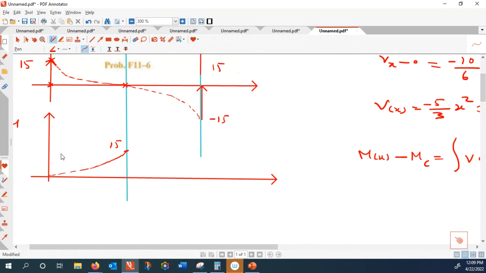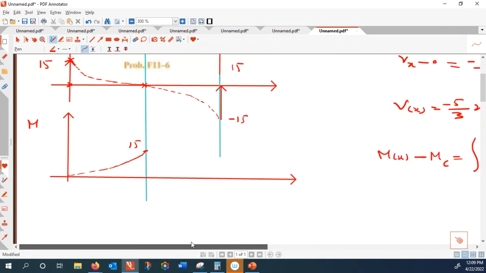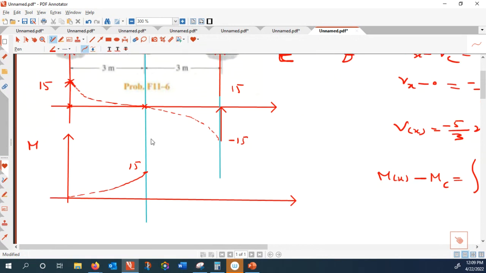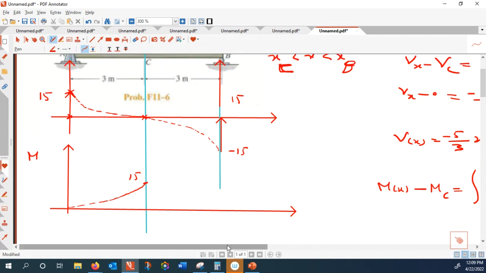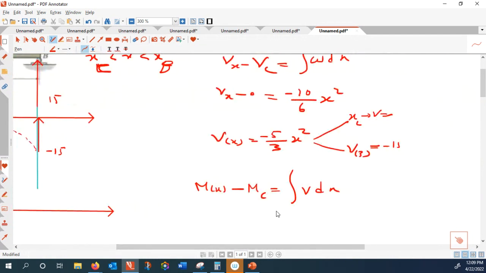If the loading has a discontinuity, they are not equal. If there is no external load at the transition between zones, then the point minus is equal to the point plus, whatever the shear or bending. In this case, the bending moment at point C, MC minus, should equal MC plus because there is no discontinuity. So in that equation, I'm plugging in positive 15.